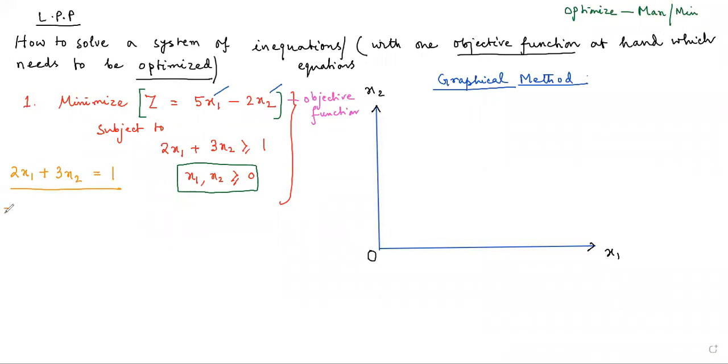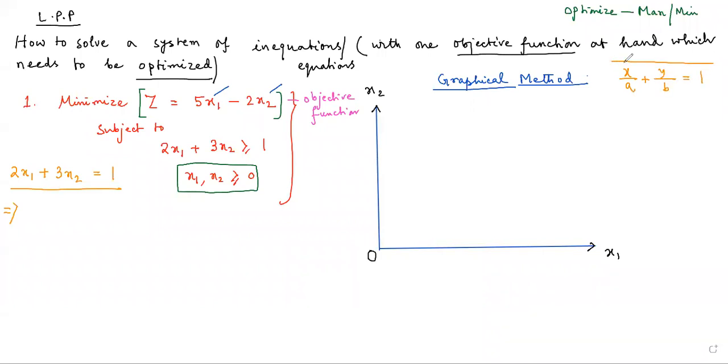And you know that we have to draw it by considering the straight line in its intercept form. So we are going to divide the equation in such a manner so that we get a straight line equation of the form x by a plus y by b is equal to 1.